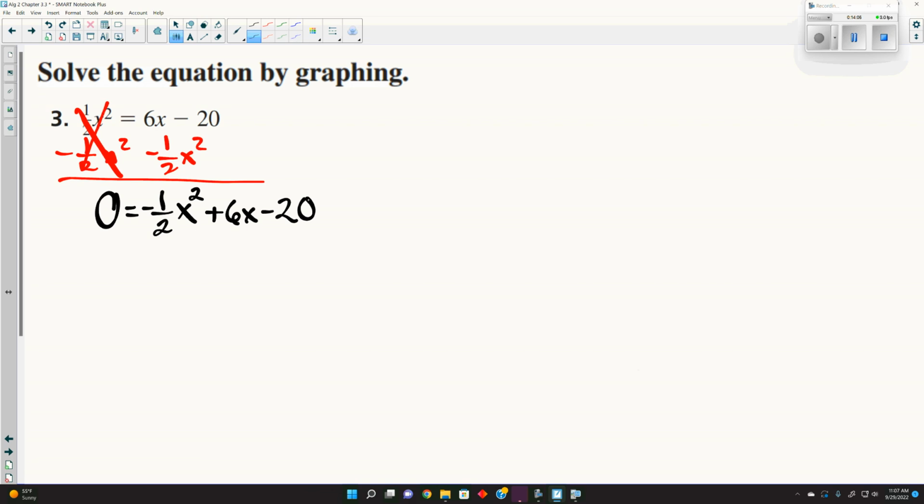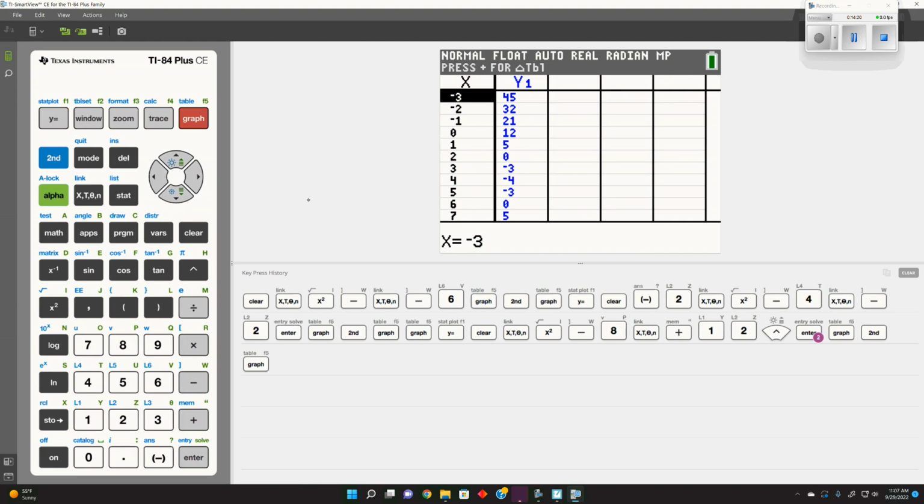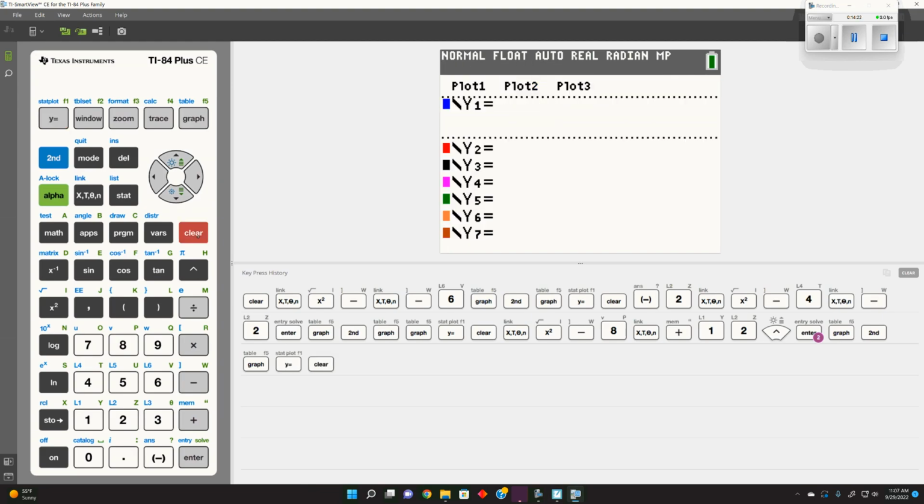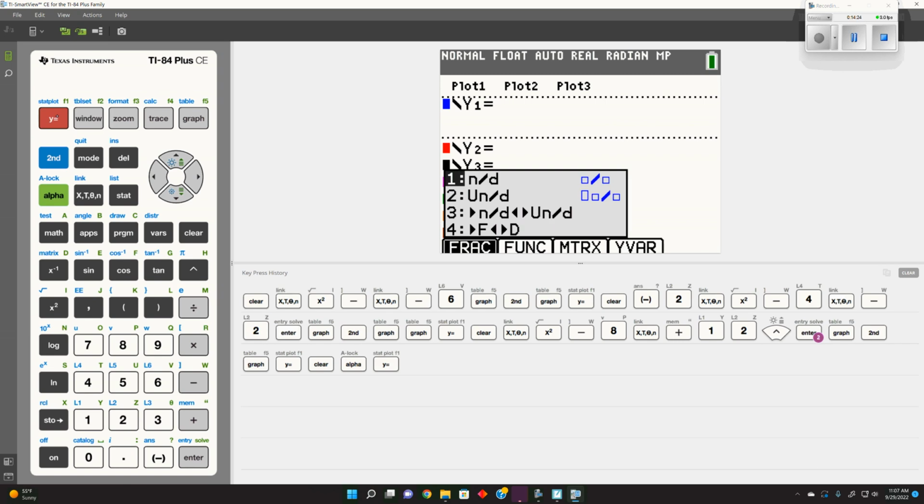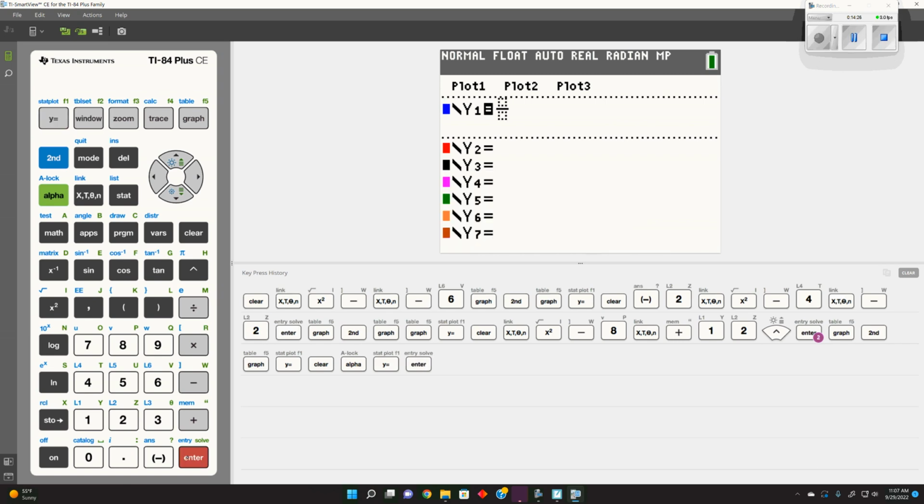Alpha y equals, enter. So alpha y equals enter. And we could say negative 1 over 2, x squared plus 6x minus 20.